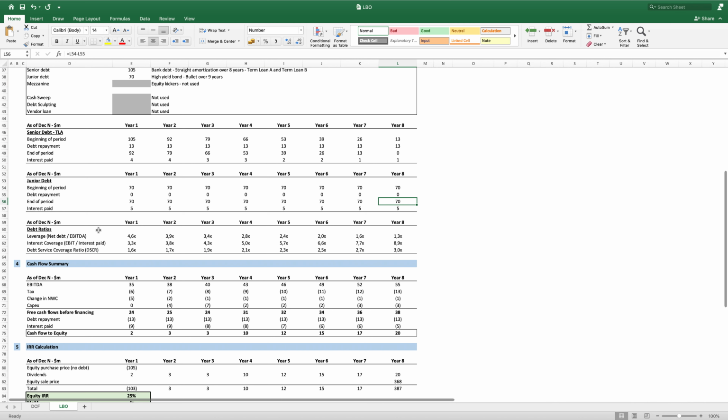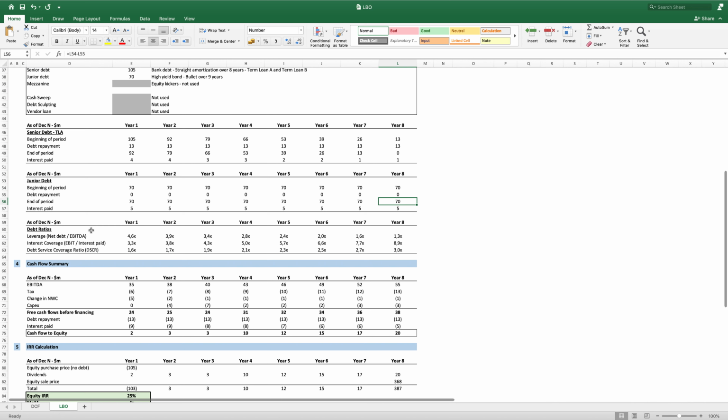Also, what you will usually see in LBO models are debt ratios, such as the leverage ratio, the interest coverage ratio, and the DSCR. The definition slightly differs from one bank to another, based on the definition each bank has regarding the risks and the ratios.